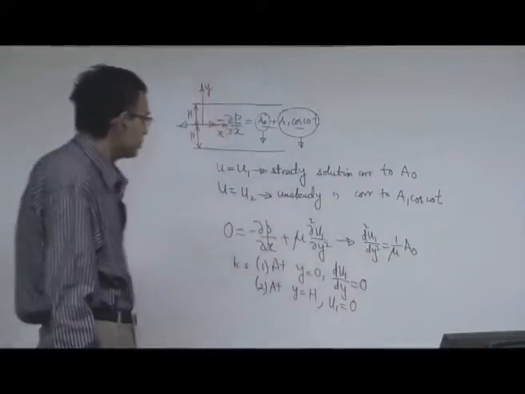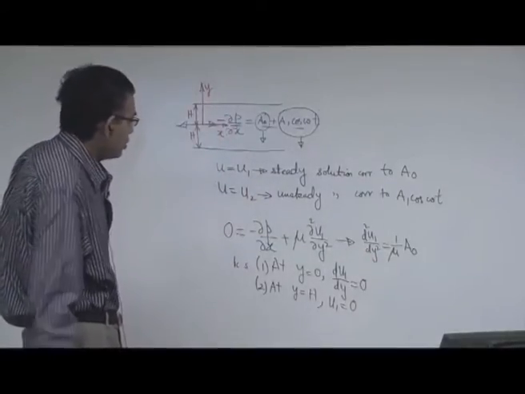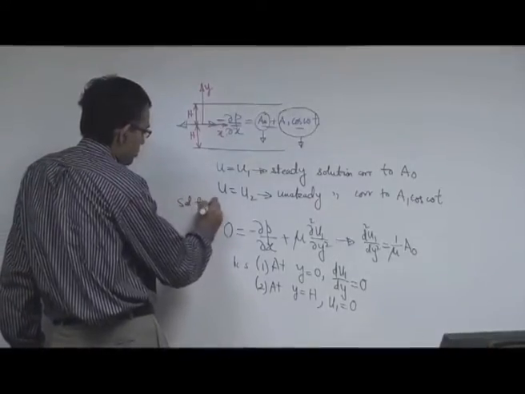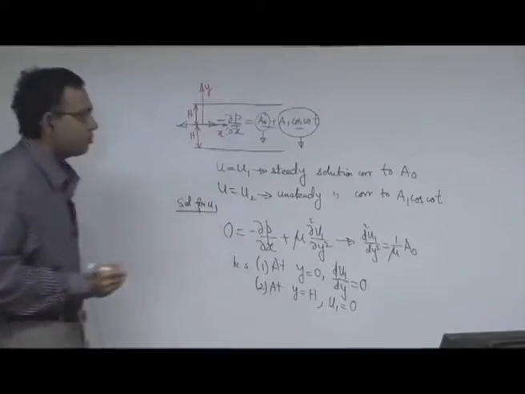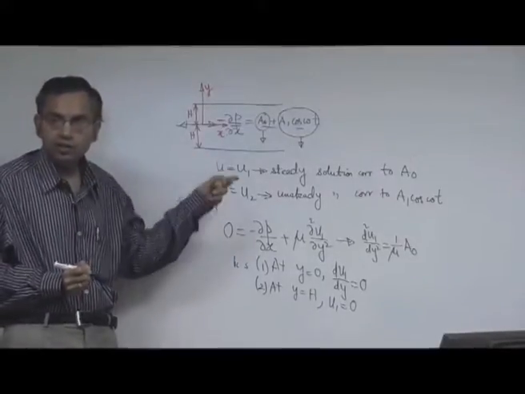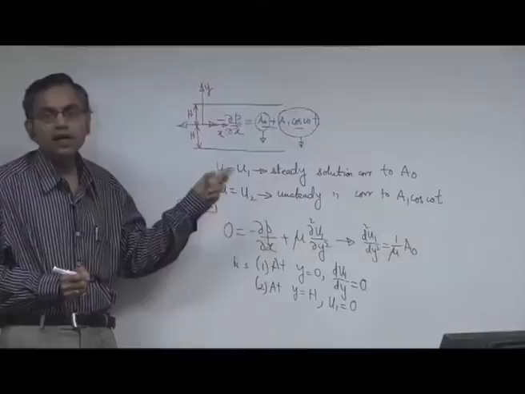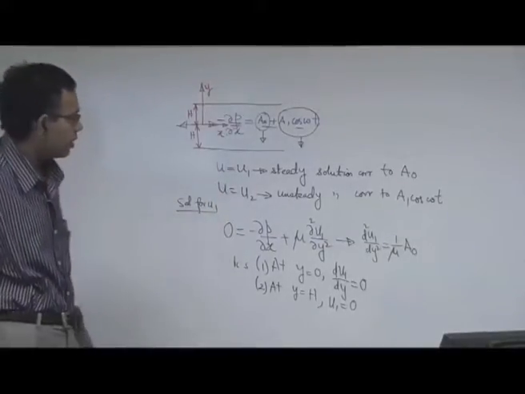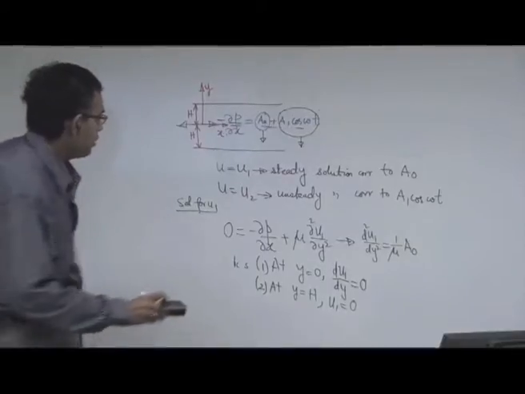Okay. Now, that is the solution for u1. We will pay more attention to how to get the solution for u2, and the net solution is a linear superposition of the two solutions. So, solution for u2.